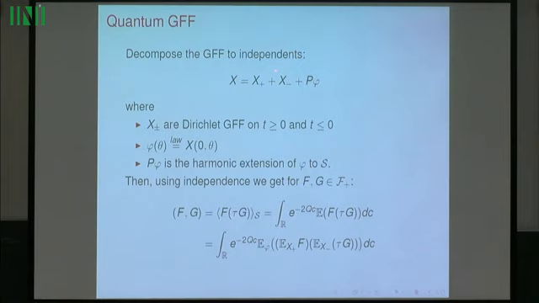I take a Dirichlet field on positive times, an independent Dirichlet field on negative times, and then take the rest, which is constructed out of the field at time zero. So take varphi to be the field at time zero, the free field at time zero. I will call P varphi its harmonic extension to the whole cylinder, and it's well known that you have a decomposition into three independent pieces of the Gaussian free field, like here.